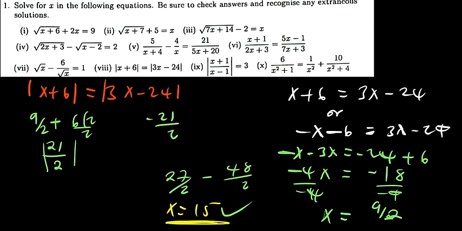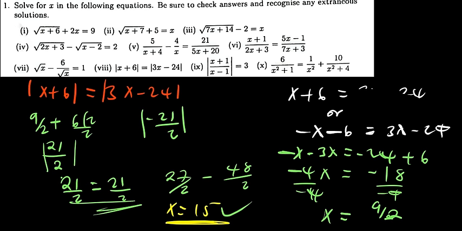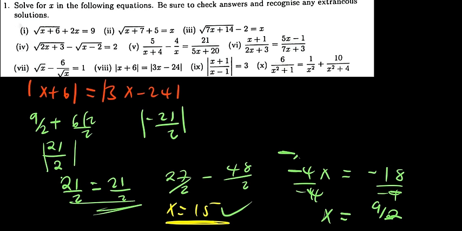But since it is in the modulus, it will still come out as positive. So we end up having 21 over 2 is equal to 21 over 2. So which is part of the solution. So x is equal to 9 over 2 is also part of the solution. So in this case, we don't have any extraneous solution. Let's do the last one.